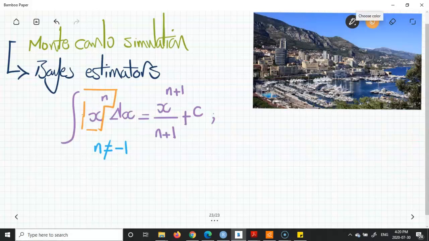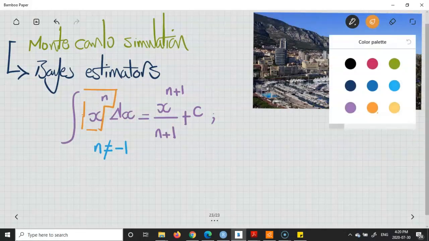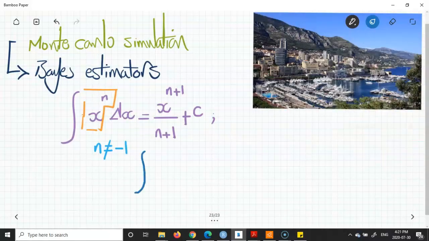However, there are some functions for which finding the analytical value of the integrals is hard. For example, imagine you have a function of multiple variables, the random variables x1, x2, x3, all the way to xn.